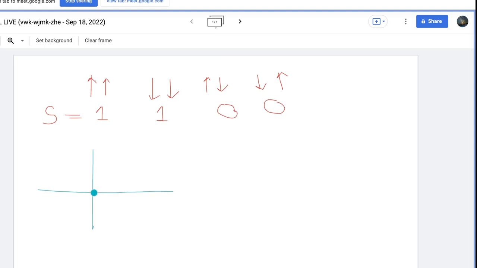For each of the two electrons, I will have two different spin angular momentum vectors. If both have ms equal to plus half, the vectors are arranged like this, which is for S equal to 1.